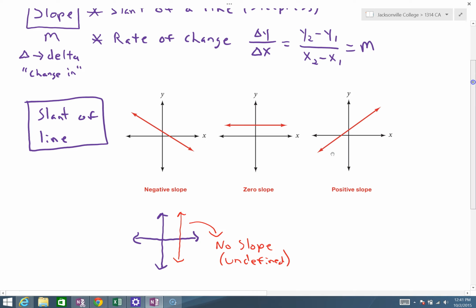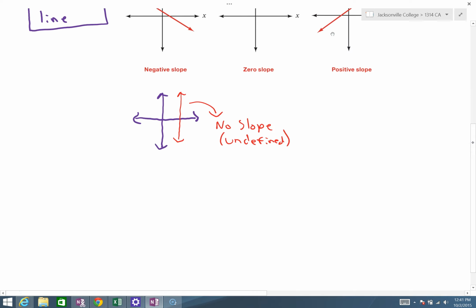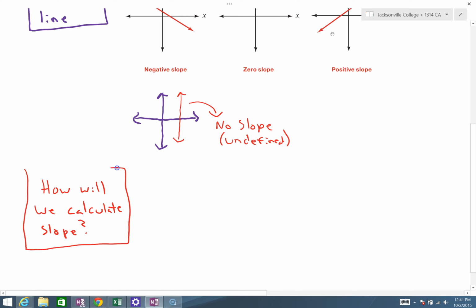Okay. How will we calculate slope? First thing we need is 2 points. We're dealing with straight lines, and straight lines are defined by 2 points. Once we get those 2 points, we can use one of these two methods.